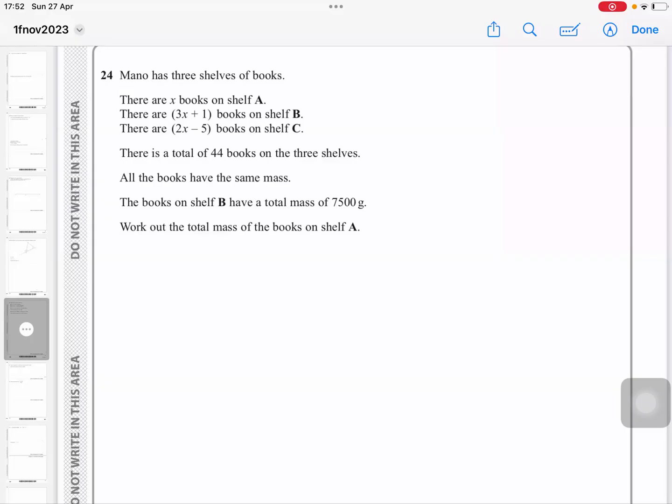Now, did you notice that they didn't ask us for what the value of X is? No. No, they didn't. But guess what?